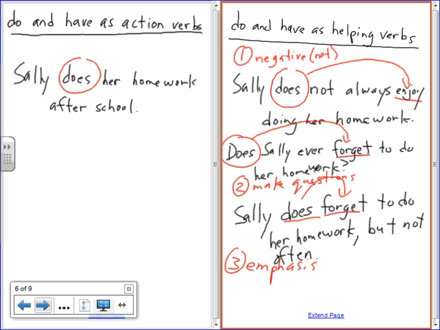Okay, hey guys, you can come up with your own further examples using do and did. But now let's also talk about using have, has, had as action verbs versus using them as helping verbs.